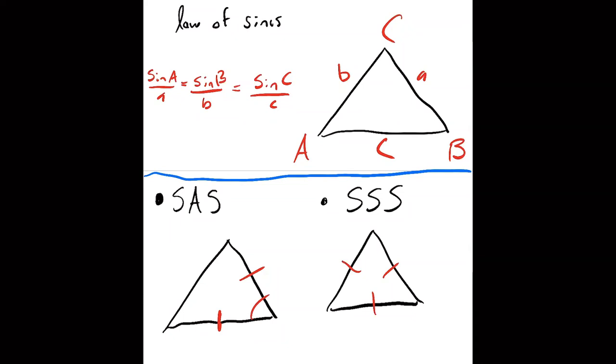But here we don't have that. We have an angle, but not the side. We have the side, but not the angle. And we have the other side, but not the angle. We need one of those because we only want one unknown. The same thing for side-side-side. Here we have all the sides, but we don't have any of the angles. So we're always going to have at least two unknowns in the law of sines.